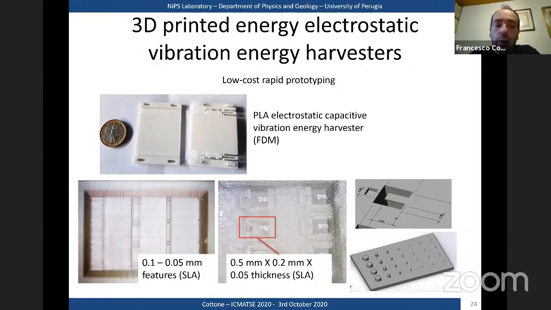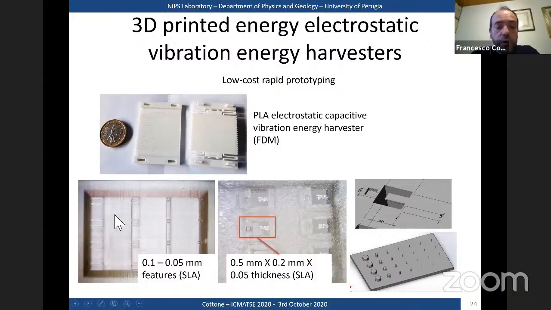But we did some tests and we found that the electrical resistivity of commercial materials is actually not very low. So it's much better to electroplate the plastic after the fabrication.